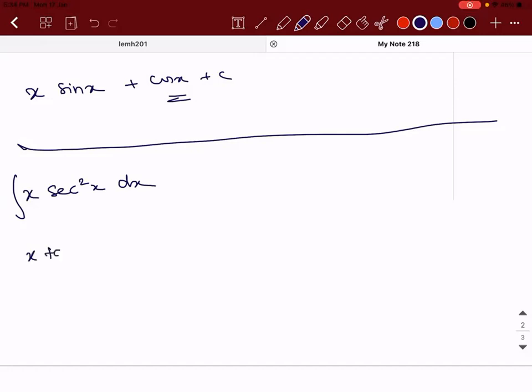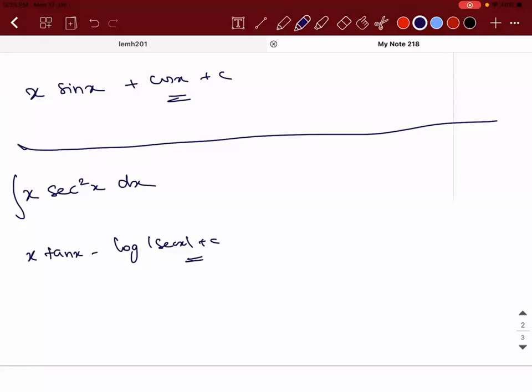Correct. How many of you got this? Yes, sir. So I have a doubt, sir. Tell me. I think in the textbook a question like this was given, sir, and it was given plus log of cos x. That's also right, sir.